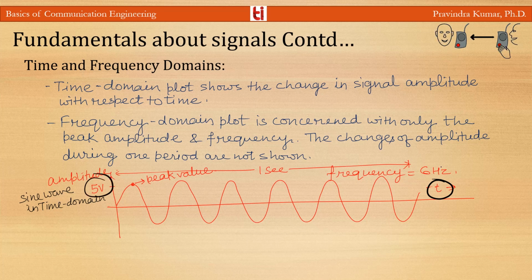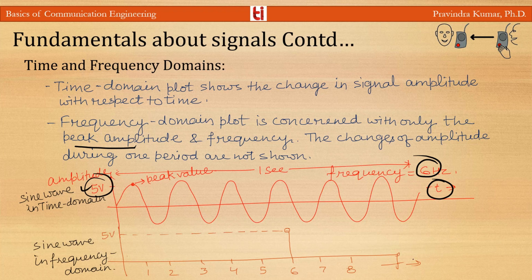In the frequency domain we consider only the peak amplitude. On the x-axis it is frequency, and on the y-axis it is peak amplitude. For frequency 6 hertz, the peak amplitude is 5 volts.